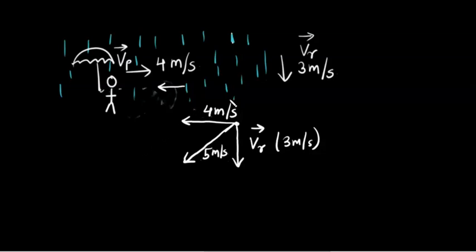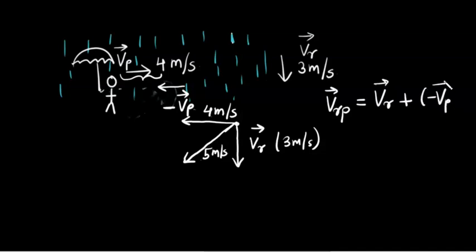So what is this vector? This vector is minus Vp bar, because it is exactly opposite of the vector Vp bar. So this resultant vector, if I name it Vrp bar, is equal to Vr bar plus minus Vp bar, which is Vr bar minus Vp bar.